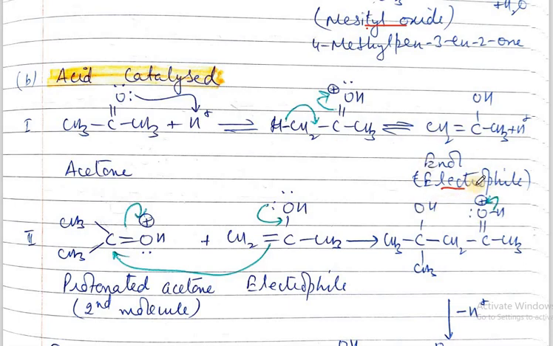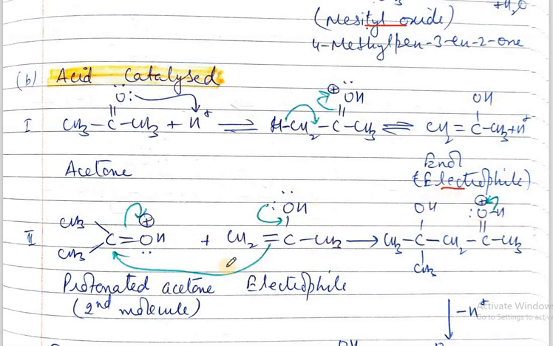This enol then attacks the already protonated acetone, and these electrons form a bond with this carbon, and these electrons move to this oxygen to neutralize this oxygen, and we get OH.